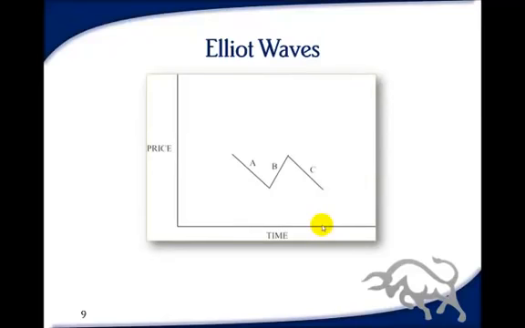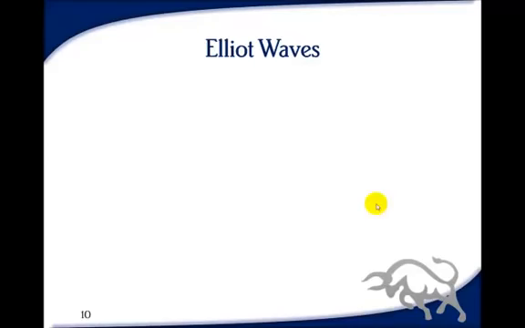C comes down just a little bit below A. It's a flatter shape than the zigzag, but the main difference with the flat is that it's a 3-3-5. It breaks down into 3 waves down, 3 waves correction, and then a 5-wave on the whole. So they're basically different, but again it's got the 3 major waves of the correction.